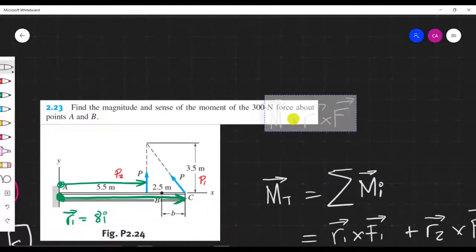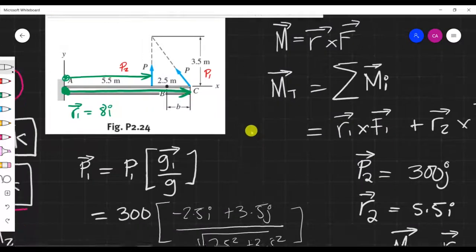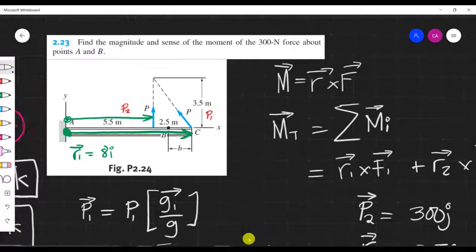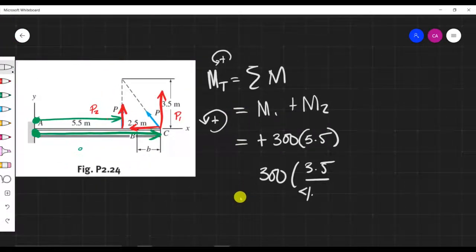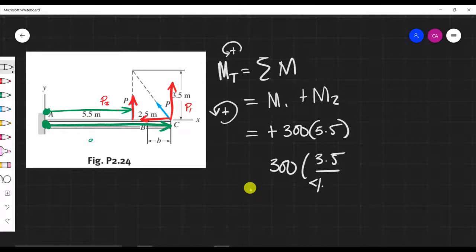Yung hypotenuse yung tinitingnan ko. Ito yung force.